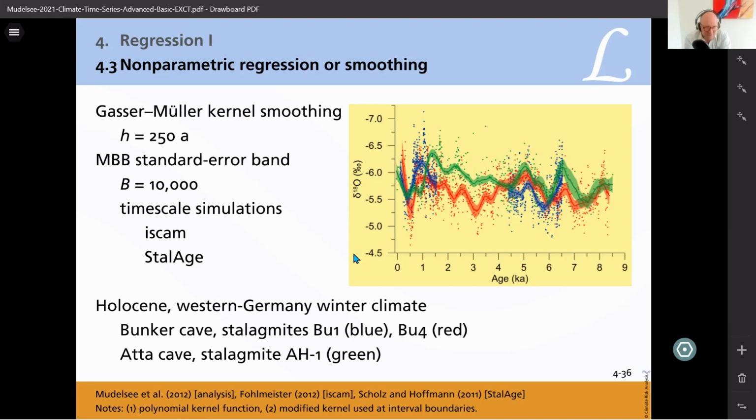Okay, and here we deal with Western Germany temperatures in winter. Here to the bottom is cold, and here to the top is warm, as usual. So we see here a cold interval. Anyone an idea what that could be, 400 or 500 years back in time?